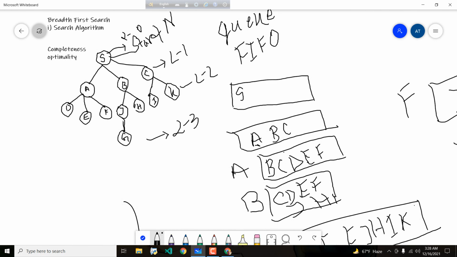Optimality is, suppose we have another goal here, like there is no F, suppose there is another goal, so it's G1 and this is G2. So now we will describe what optimality is. Whenever we introduce the BFS search algorithm, we will see that BFS will return this goal. This is the optimal goal, and this is the suboptimal goal.